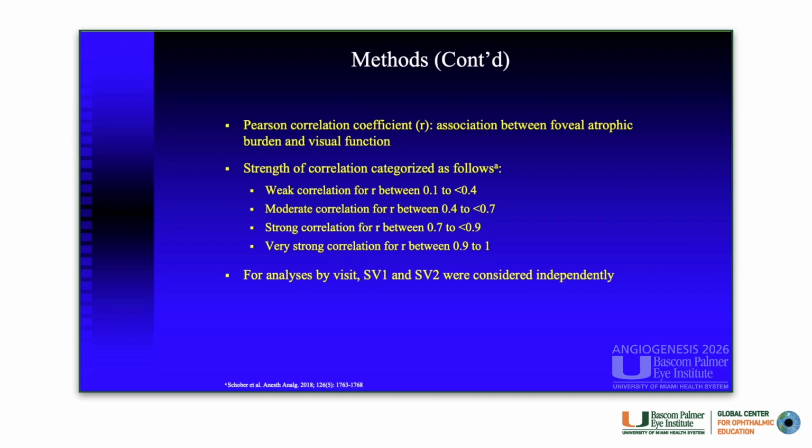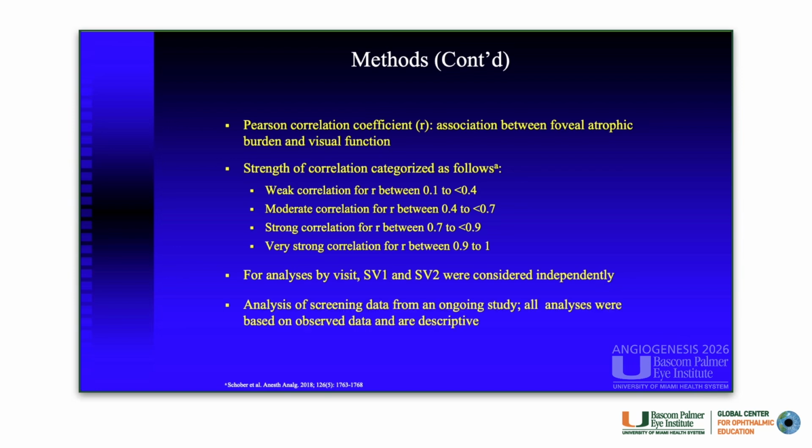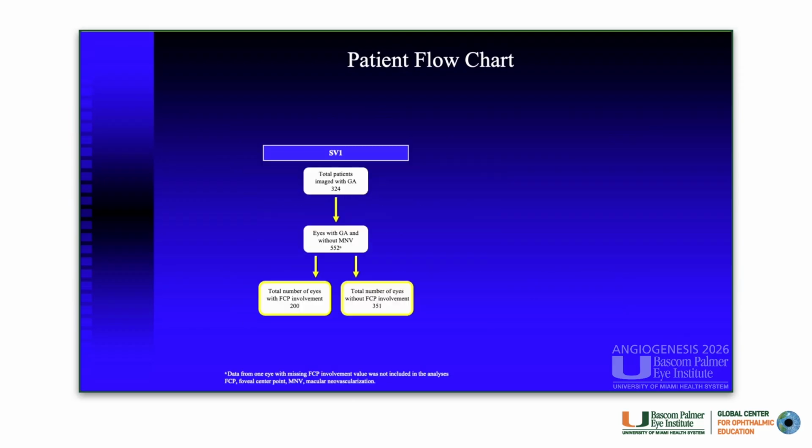For analyses by individual visits, we considered the screening visit 1 and screening visit 2 independently. This is an analysis of screening data from an ongoing trial. Sienna is still going on. And all of the results are based on the observed data, and they're descriptive.